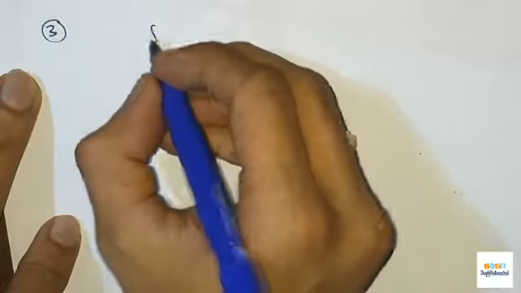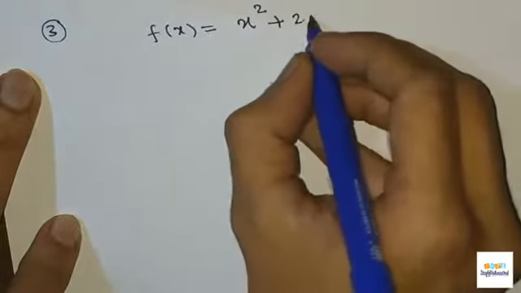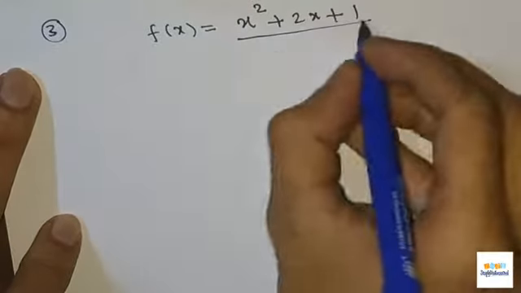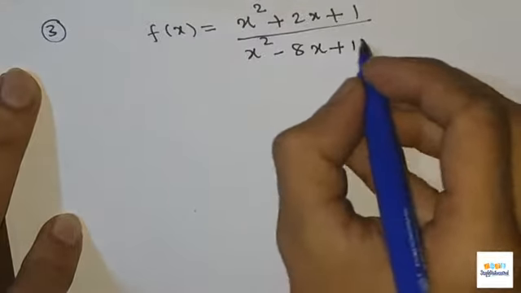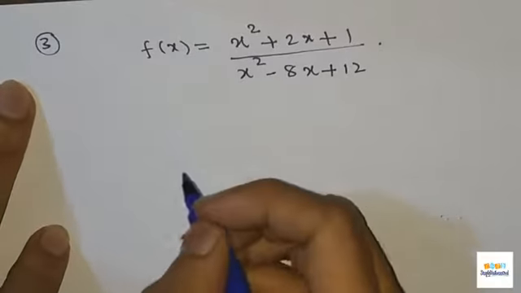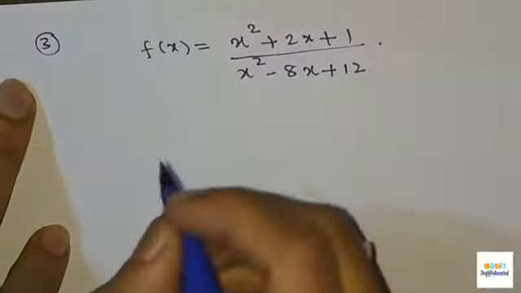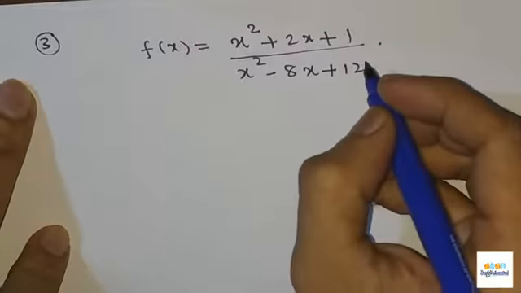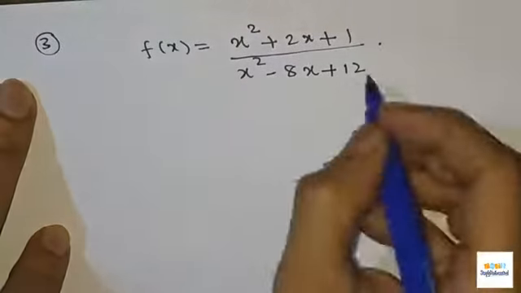Now we have to check the domain of this function. Whenever you check the domain of the function, we have to see where this function is defined, or for which x the function is defined.